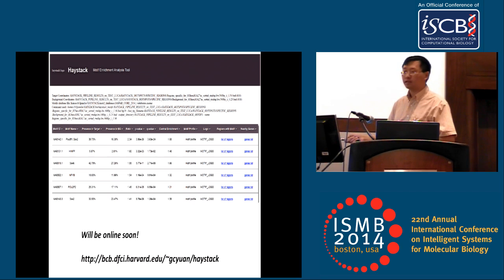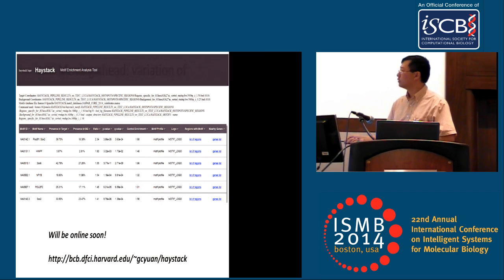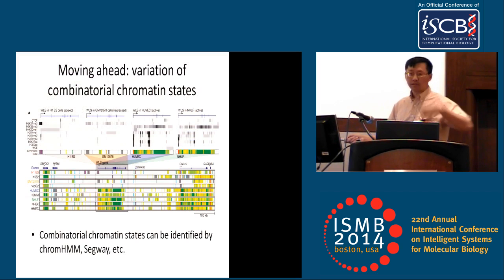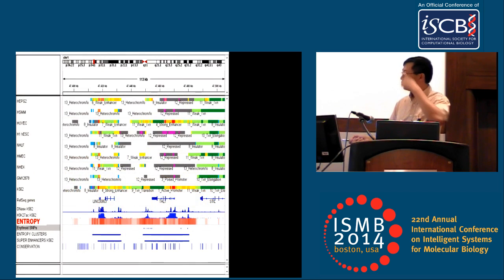So we want to extend this to multiple histone marks. And as Jason and Manolis beautifully did, you can detect combinations of multiple histone modification marks by using a beautiful tool called ChromHMM. Using this, we can look at the variability of the combinatorial states across multiple cell lines.